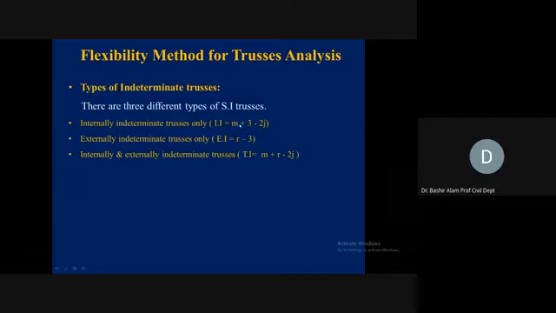These are the available equations in case of the truss as a whole. External indeterminacy, EI, will be equal to r minus 3. Now, if we add these two, internal and external indeterminacy, the 3 and 3 cancel and we are left with m plus r minus 2j, which is written here for the total indeterminacy. This is how we find the external, internal, and total indeterminacy.